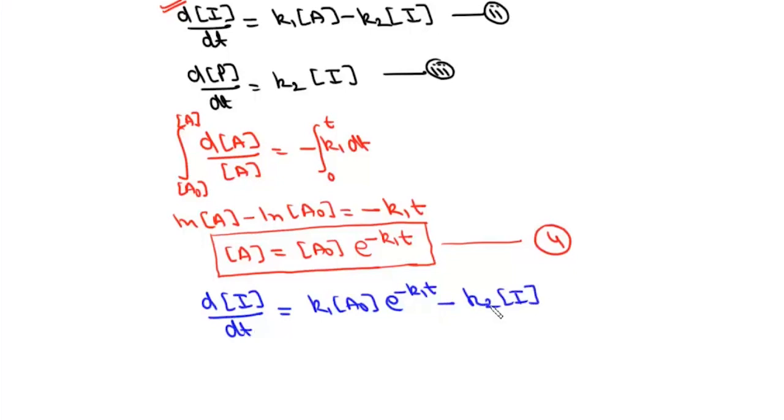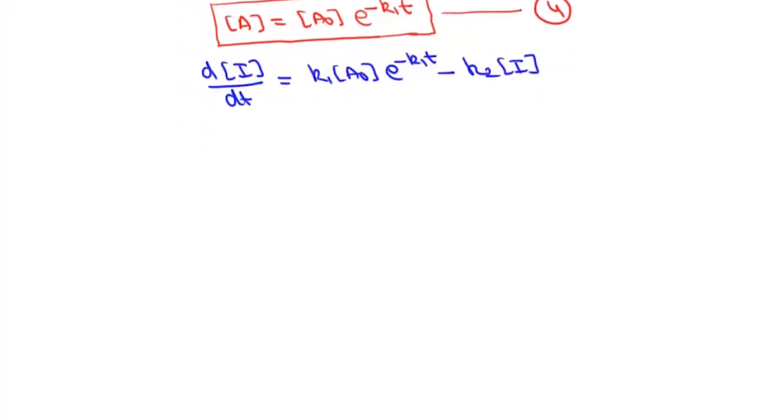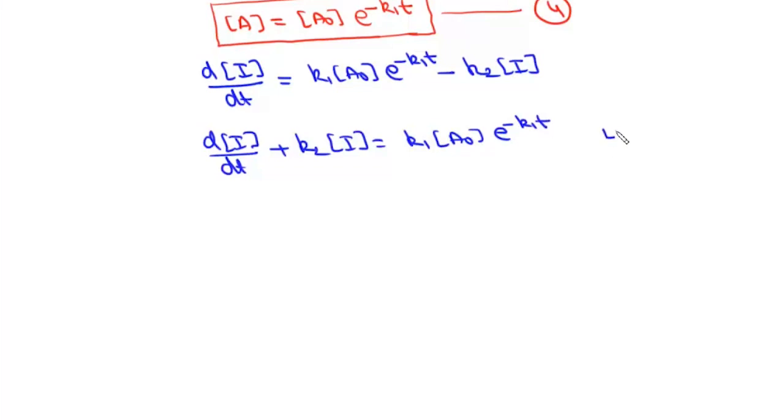Now basically this is a linear differential equation in I. So we can write this as dI/dt plus K2 into the concentration of I, and it will be equal to K1 into A0 e to the power minus K1t. Now this is a linear differential equation in the concentration of I.